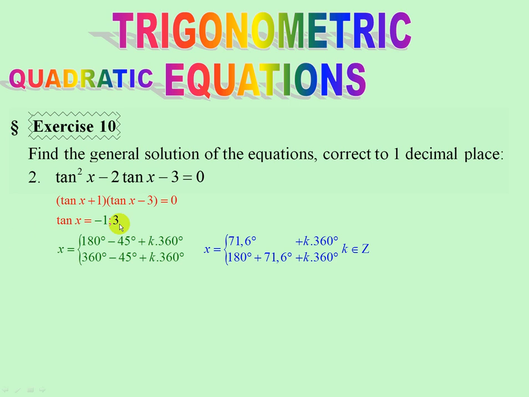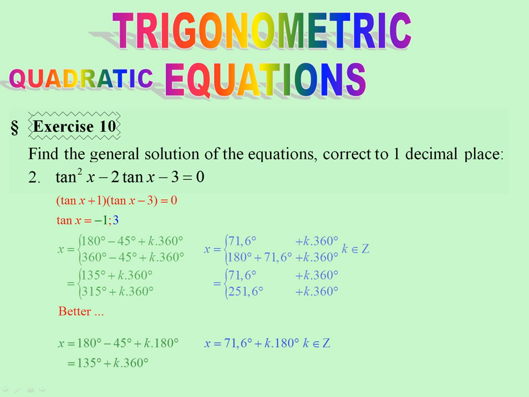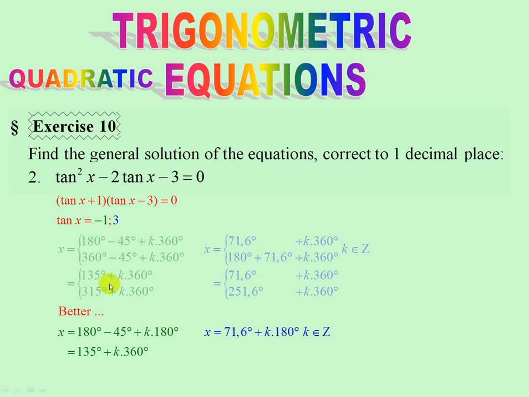The 3, tan x equals 3, positive. Therefore, first and third quadrants, key angle 71.6. Here we are. Note, you probably wondered why I went that whole long way, because lots of people find it too difficult to use the other.